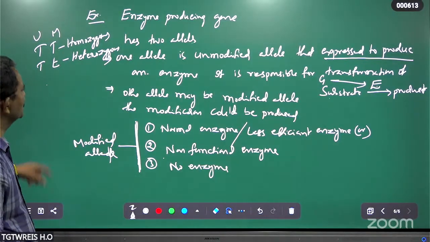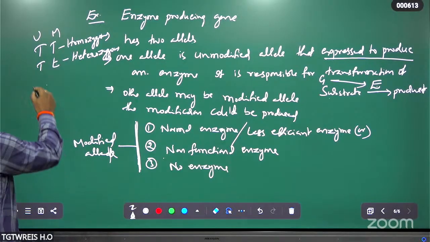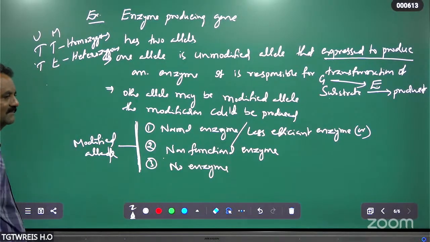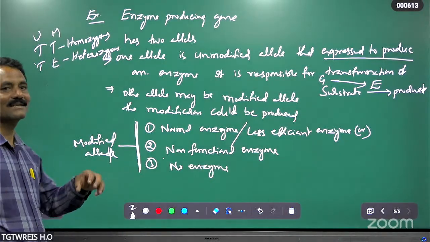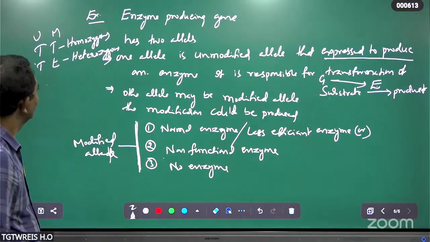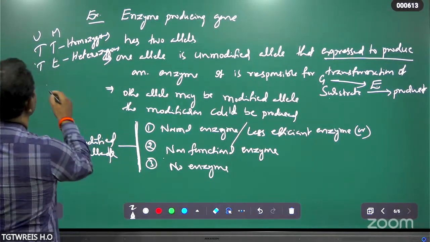Then in this condition, only unmodified allele is responsible for the production of enzyme. Here this is the dominant, this is the recessive. Recessive is nothing but the allele does not express.